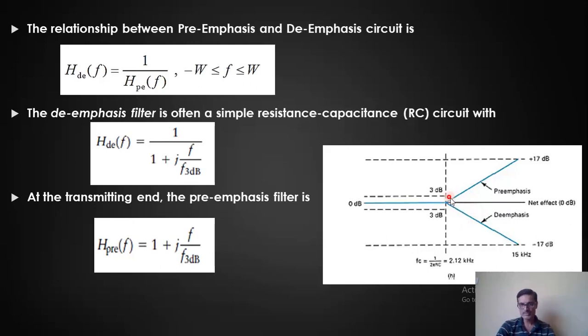So it is plus 3 dB at 2122 Hz and minus 3 dB at 2122 Hz. So there is a corresponding decrease in amplitude that we are going to do at the de-emphasis circuit, at the receiver. And at the high frequency, we are going to increase by around plus 17 dB, or minus 17 dB, at 15 kilohertz. That is the audio band, the highest frequency we consider for the audio band in FM transmission.